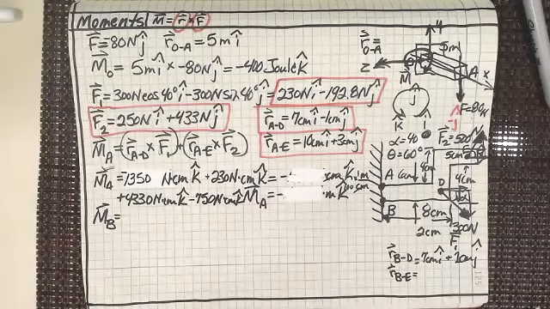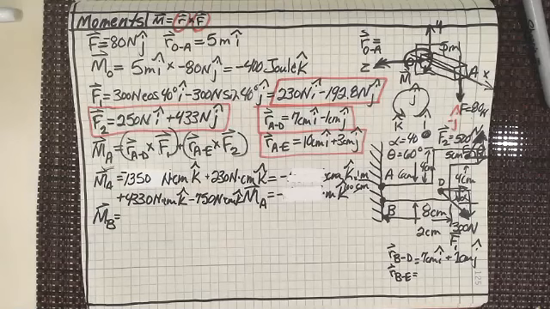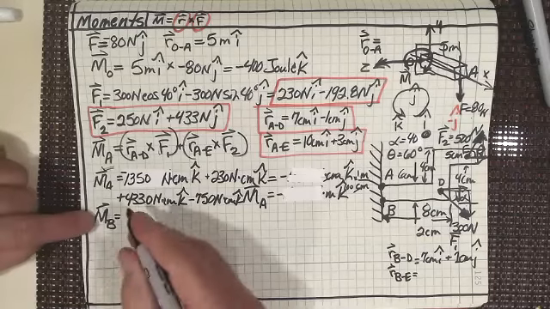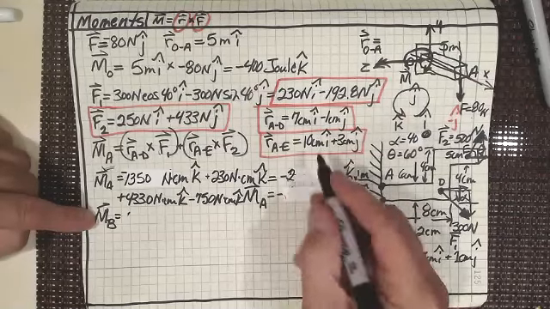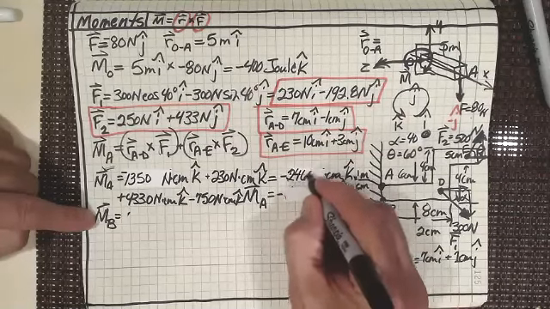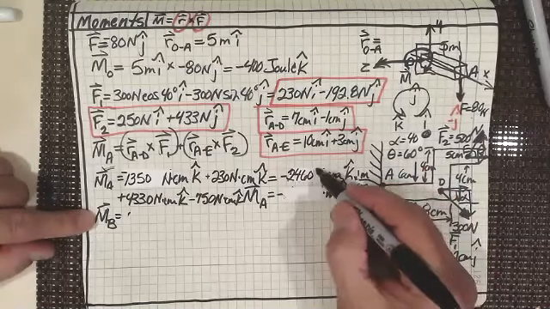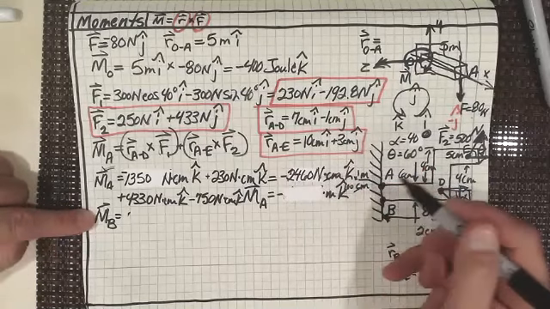And what that gives me when I add all of those together, so 4,330 minus 750 minus 1350 plus 230 gives me 2,460 Newton centimeters.